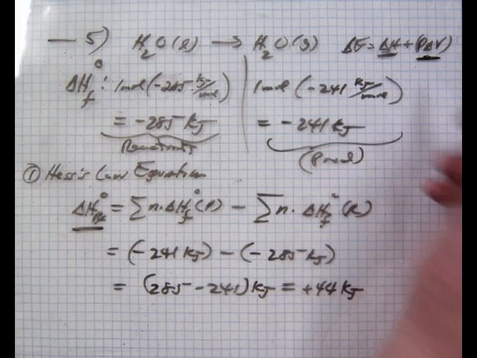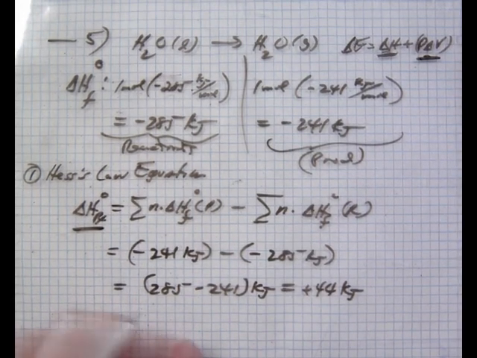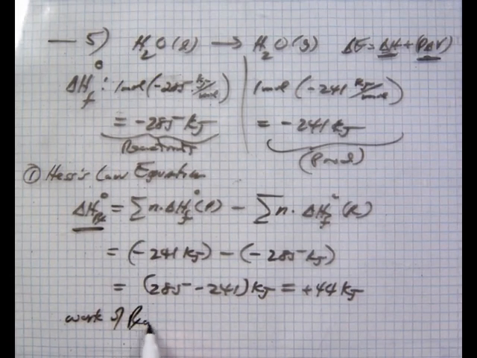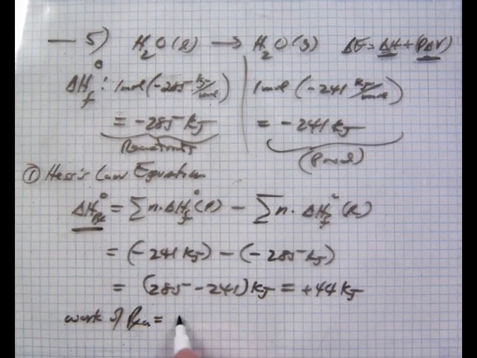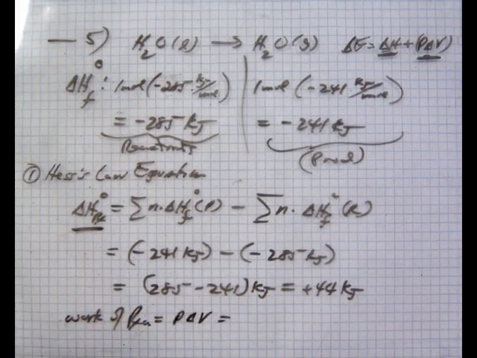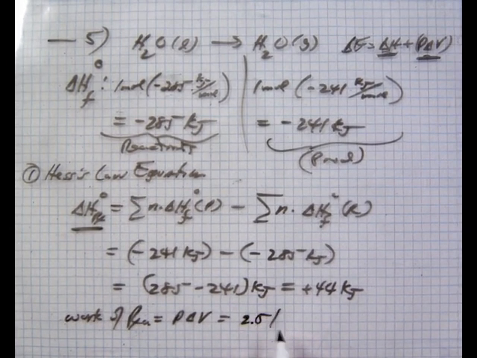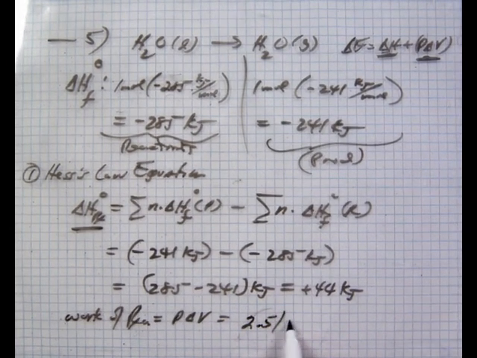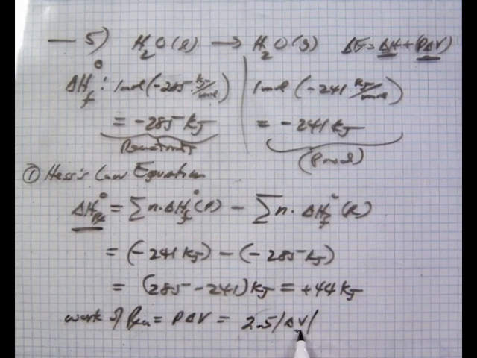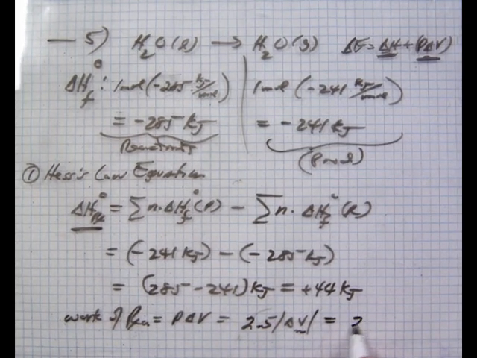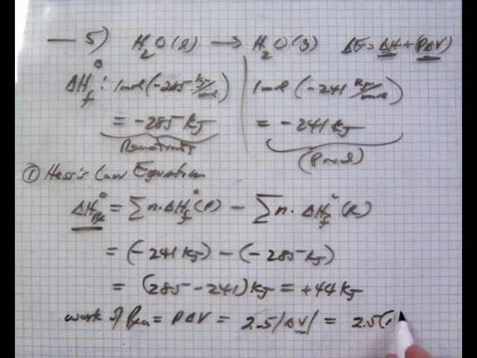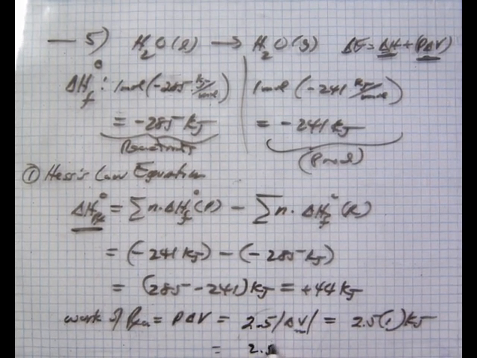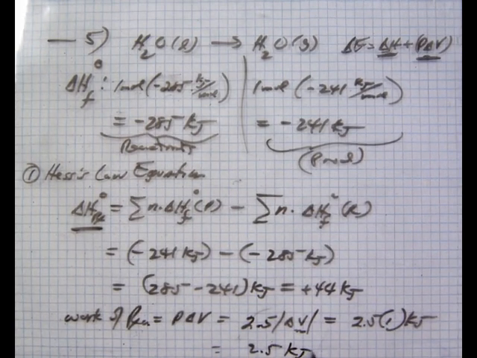Part two is the work. The reaction, and in this case it is P delta V, which I've translated as 2.5 delta V molar volumes, and this comes out as 2.5 times 1, and that comes out in kilojoules, and that's 2.5 kilojoules of work.